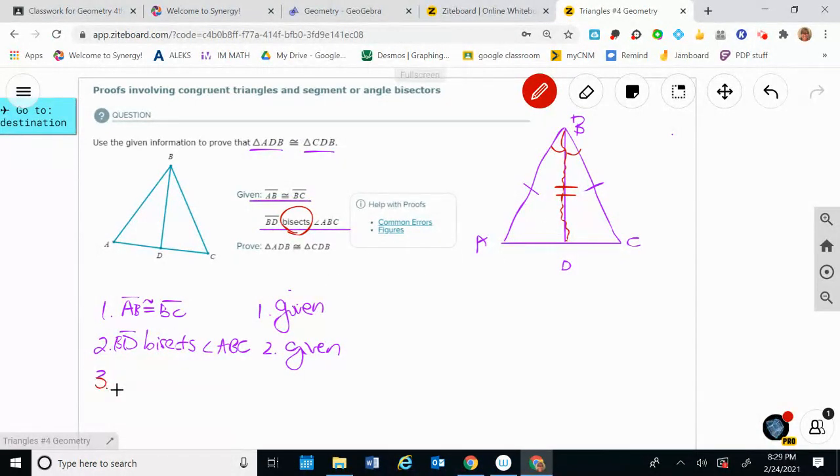Okay, so here we go. Number 3. We are going to say angle ABD is congruent to CBD. And then you want to say definition of angle bisector.